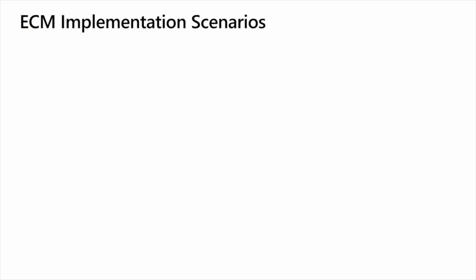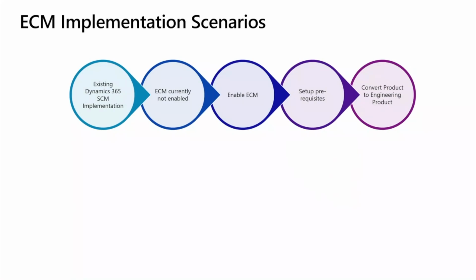So depending on where you are in your implementation journey, there are a couple of options to implement and get on board with engineering change management. The first option is, if you are already using Dynamics 365 SCM, but haven't used the engineering change management module and would like to use it to maybe convert your products into engineering products.